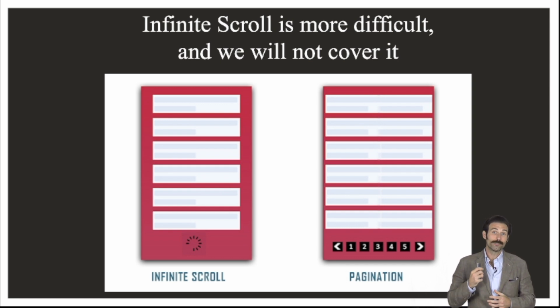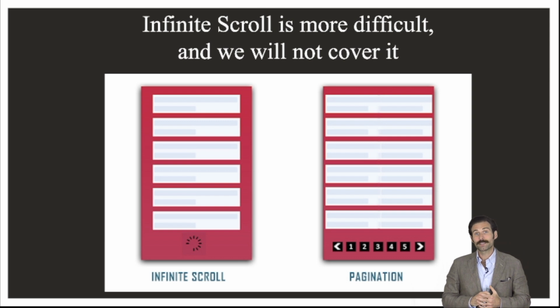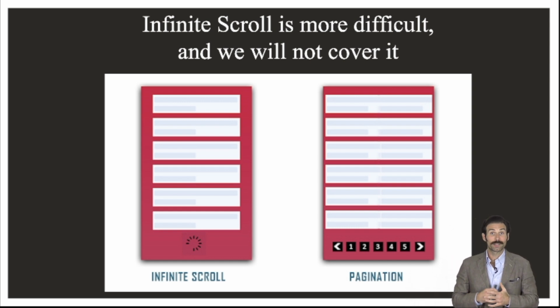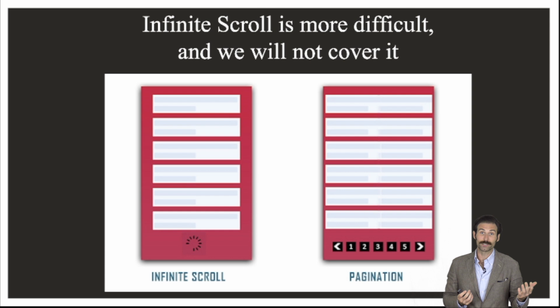So when you're looking for websites that you can scrape with these freely available tools, and for what you'll have to do for your exam in this course, look for a website with pagination, not infinite scroll. If the website has infinite scroll, or if it's dynamic, for the purpose of this course, we will not scrape that.